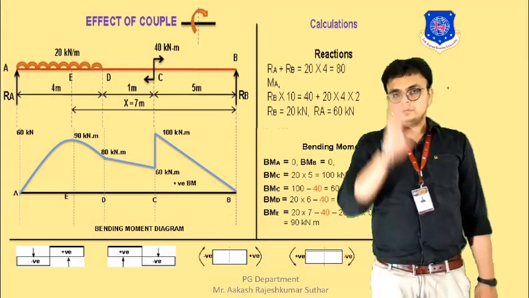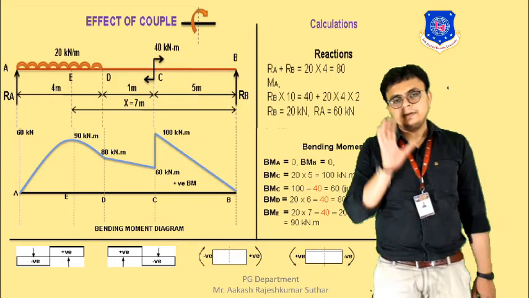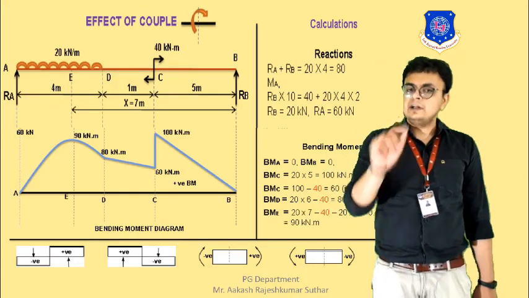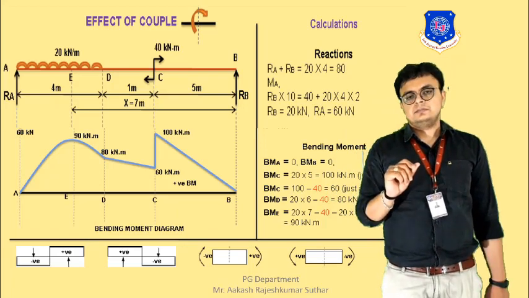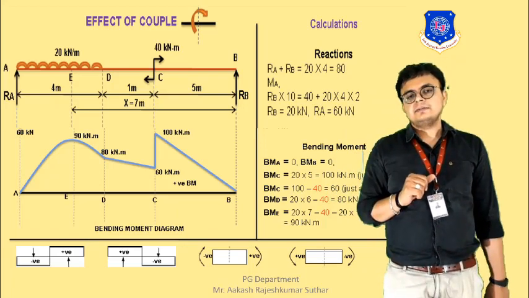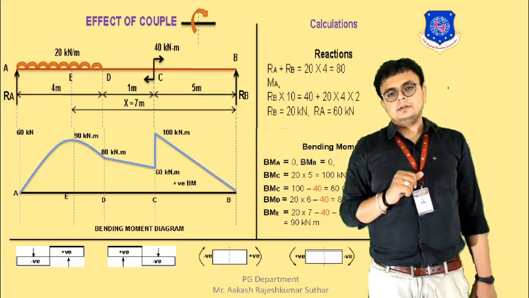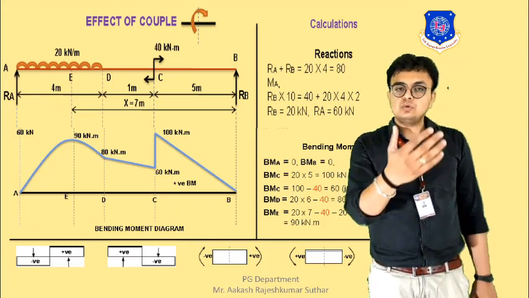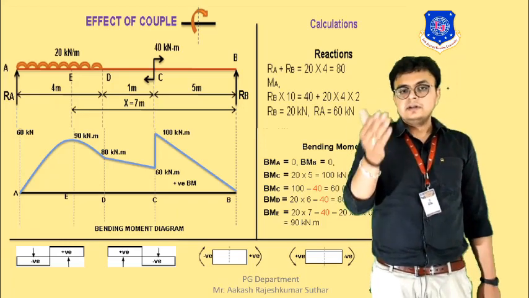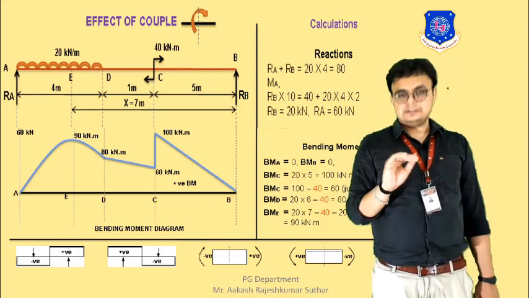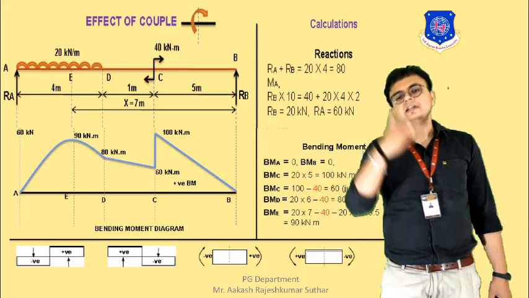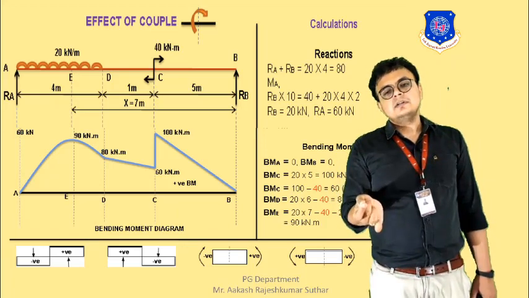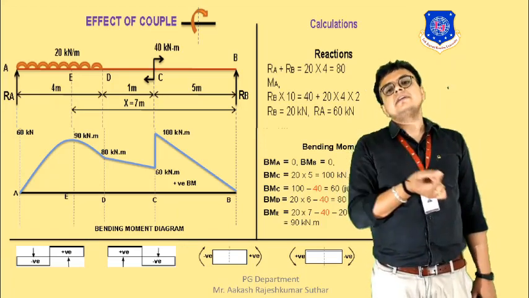First thing is clear that the bending moment at both ends A and B will be 0. Now we need to find the intermediate bending moment. At C point we have the couple, so we have to find the bending moment just before and just after. First, the bending moment just before will be equal to the reaction at B into the lever arm, that is 5.